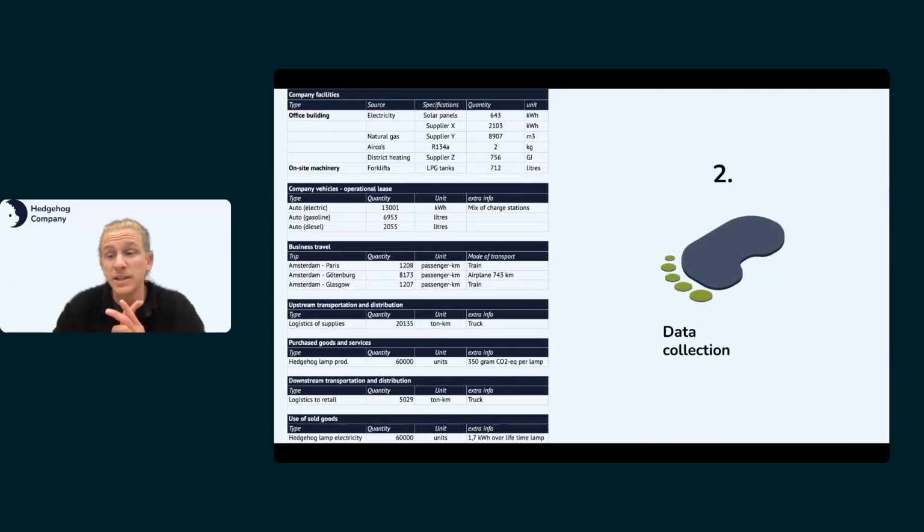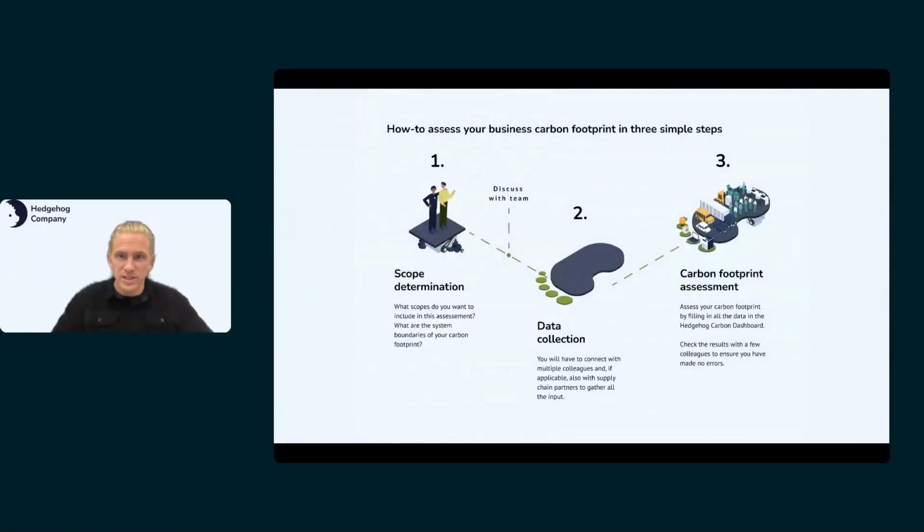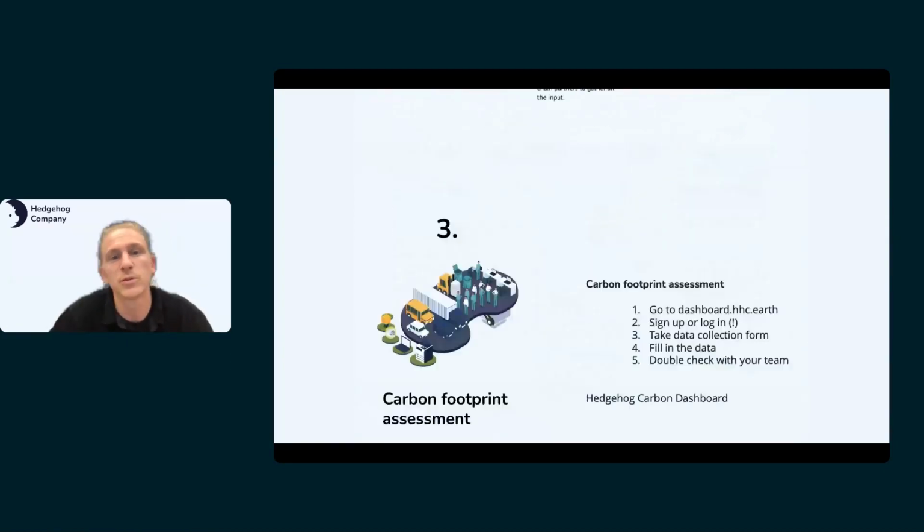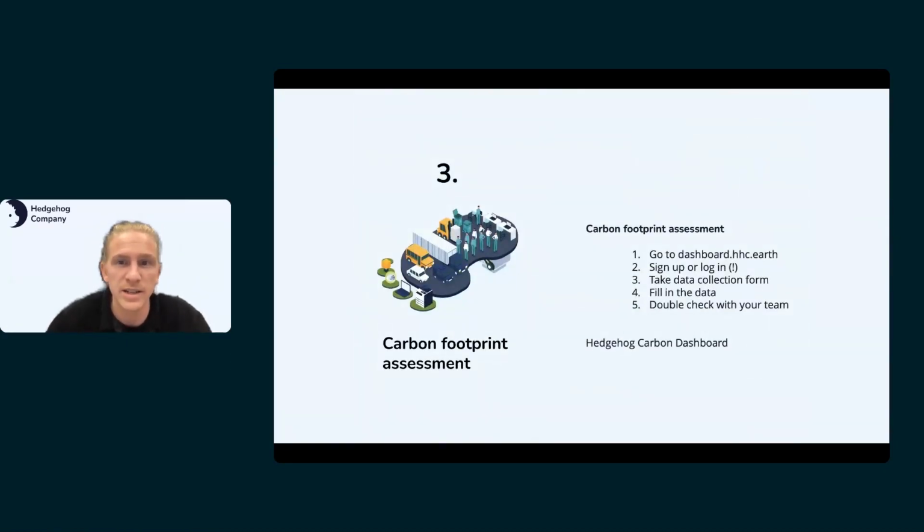So finally, you might think we are switching from the presentation, because we are going to do our carbon footprint assessment in the Hedgehog Carbon Dashboard. So how do you do that? You go to dashboard.hhc.earth. There's probably a pop-up showing in your presentation right now. Then you sign up when you don't have an account yet, or you log in.